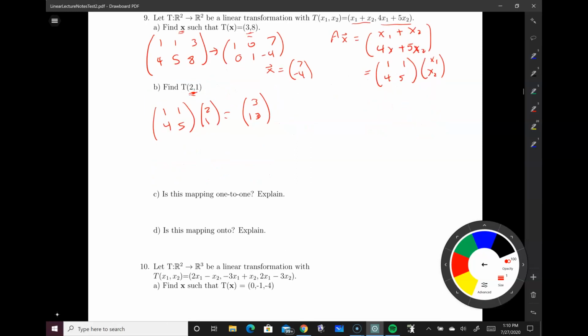Okay. So let's look at my matrix A in order to determine whether I've got a one-to-one or onto mapping. So my matrix A, if I do reduced echelon, I get to this. All right. So it is one-to-one. There is a pivot in every column.